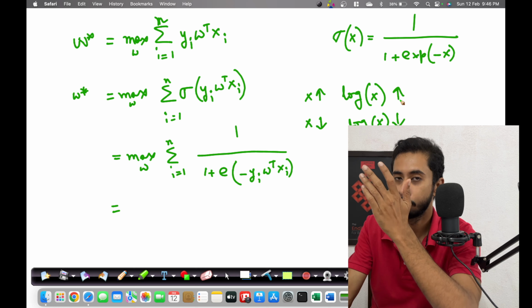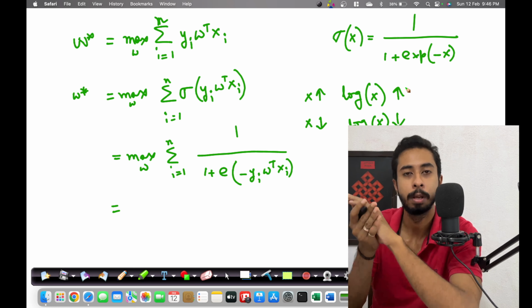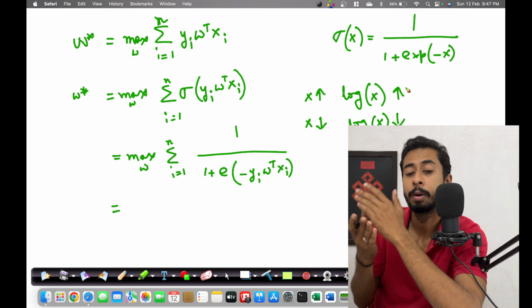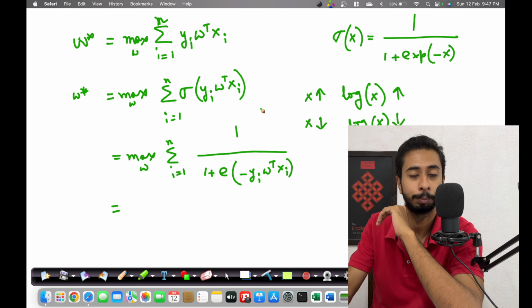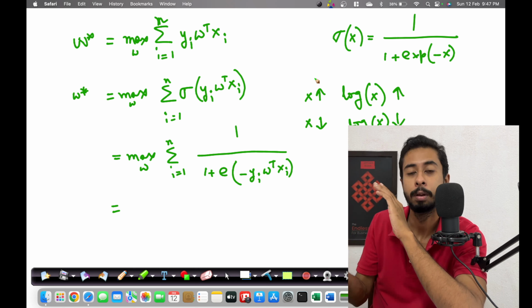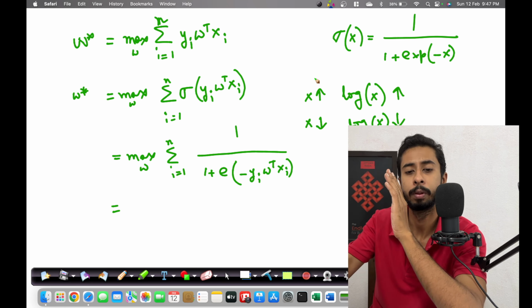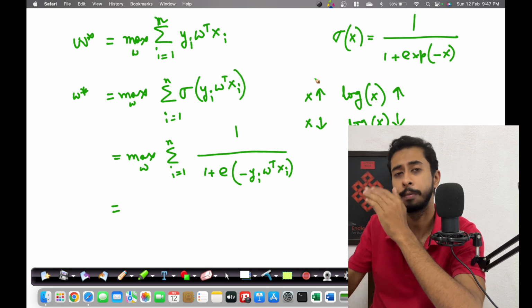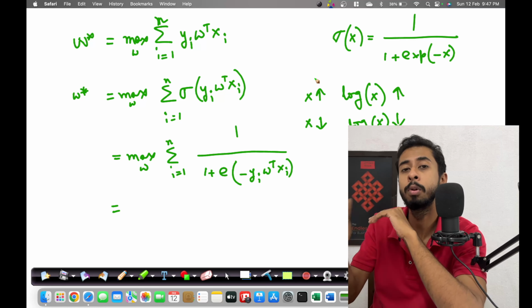So as long as we have this property of a monotonically increasing function, we can say the result will not vary. If we use log x instead of x, we can be sure the result will not be different, because if x is increasing, log x will also be increasing, and if x is decreasing, log x will also be decreasing. So no matter what, the result will be the same.